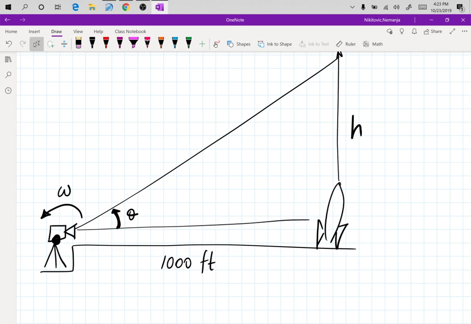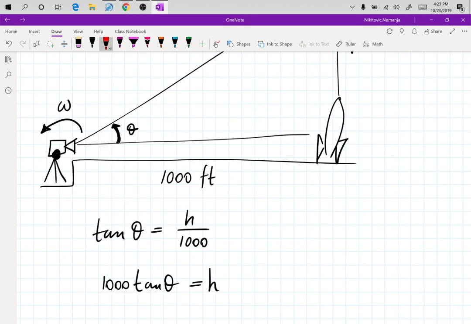So I write tangent theta is equal to h over 1,000. And now we can write that 1,000 tangent theta is equal to h. So we don't drag the fractions around, it's fine.